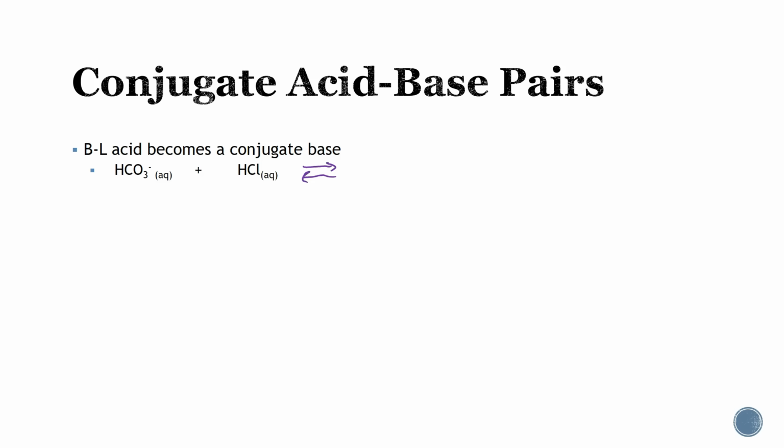In this particular reaction, what's likely to happen is I'm going to form H2CO3 and a chloride anion. So in this case, the hydrogen was donated to HCO3 minus. So this is my acid, notice that this lost the hydrogen, and this is my base.